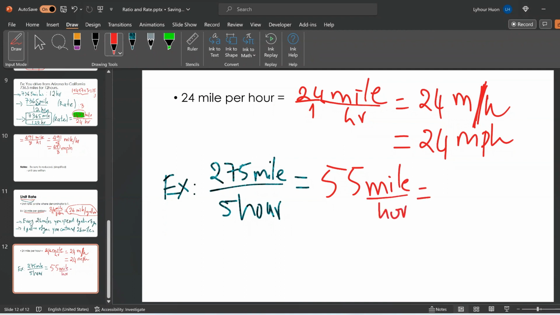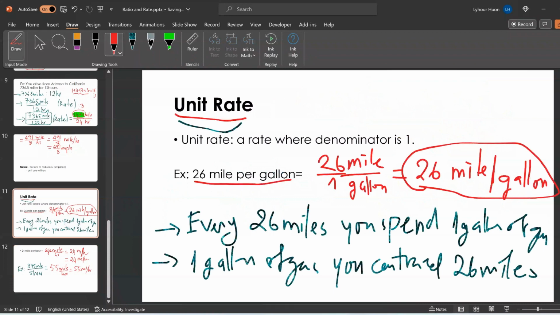We can write it as 55 miles per hour. When it comes to unit rates, we always hear the word per, like miles per hour, miles per gallon, something like this.